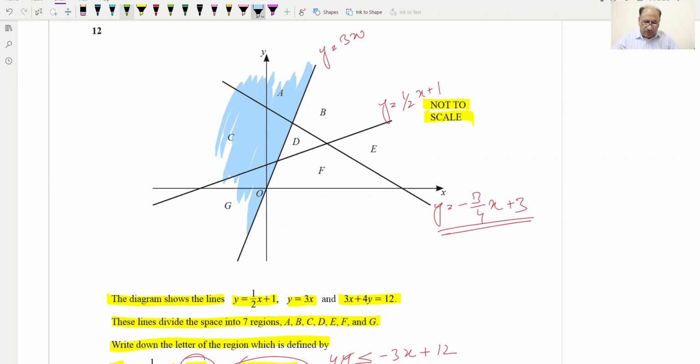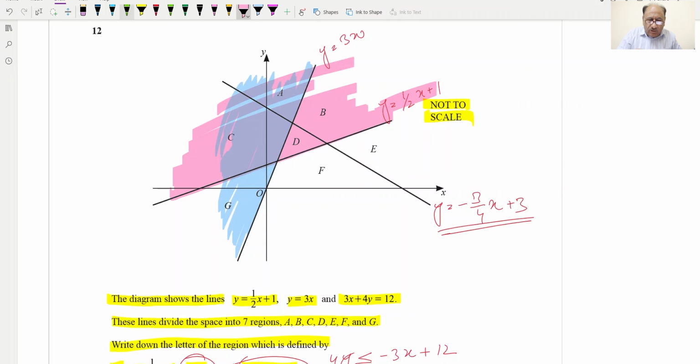Next, for the second line, the less than portion is required, so the greater than portion is unwanted, and we will shade the upper portion, which is an unwanted region for this also.